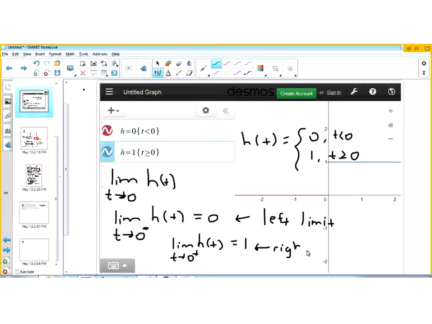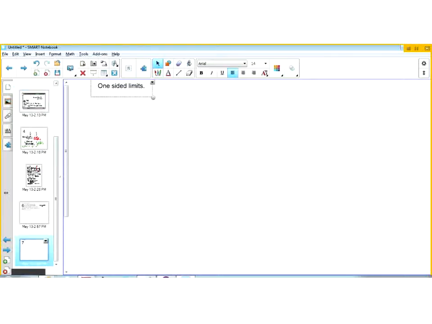Okay, so understand these two different types of limits. All right, and that brings up an important theorem, which I'll write here. So that was a discussion on one-sided limits. I can take this box away.